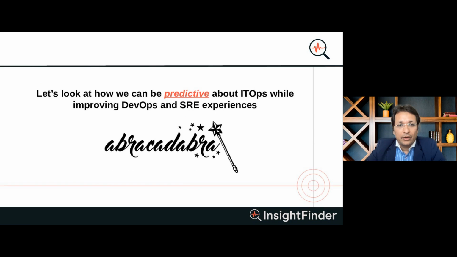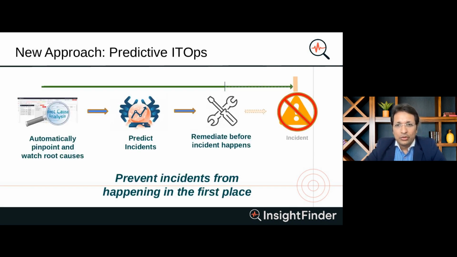Of course, I'm not here to pull a rabbit out of a hat. Rather, I would like to take you through a possible solution which I have used in my previous roles and achieved success. So let's say you have a product or a tool that can give you the required insights, and that too before an incident happens.